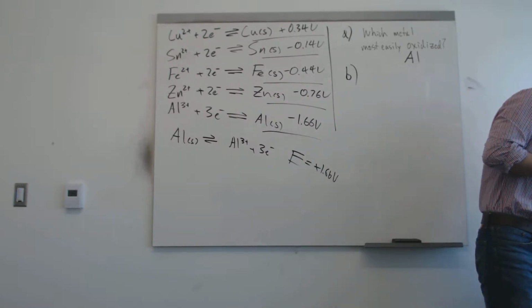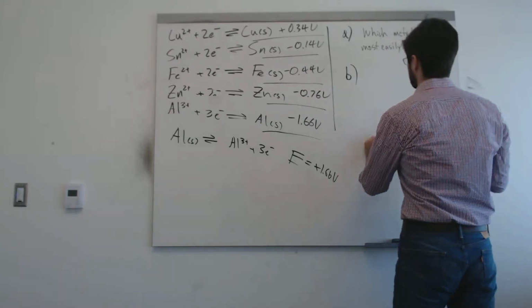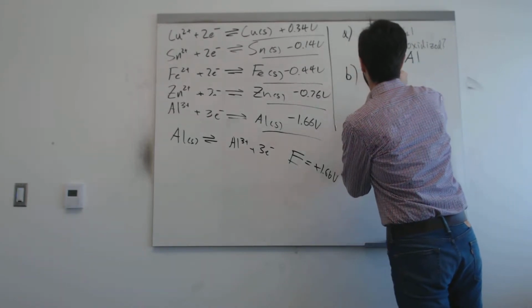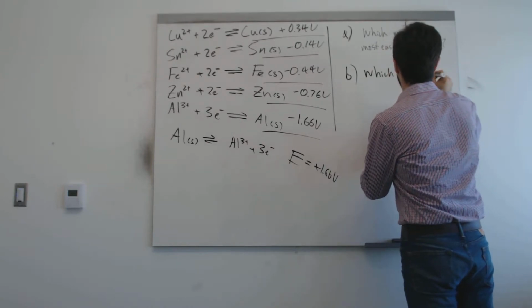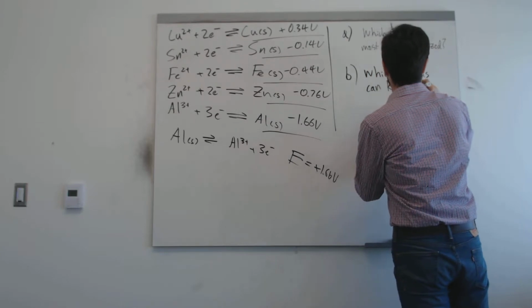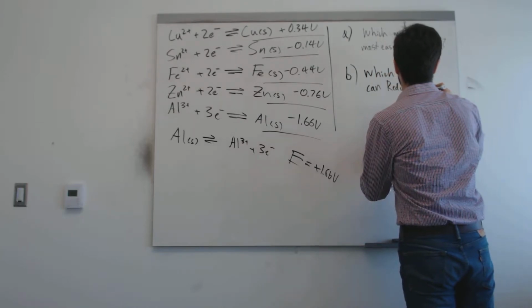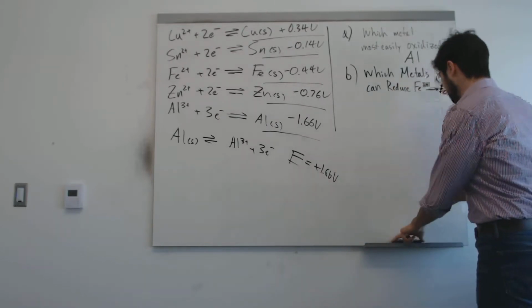Here's another question. Which metals can reduce iron 2 plus to iron? I guess I should be more accurate here.